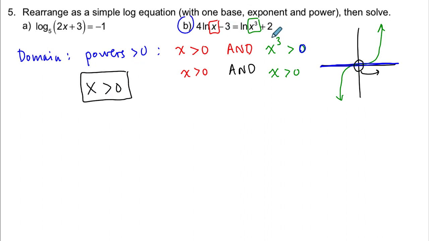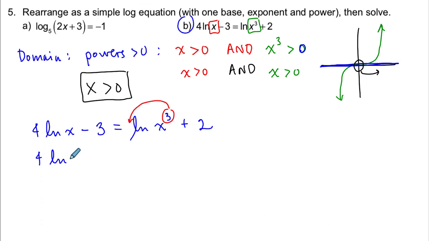And now we can do some algebra to rearrange and to simplify this equation. So 4 ln of x minus 3 equals ln of x cubed plus 2. Well, I'm going to take this exponent down in front as a coefficient and get 4 ln x. I'm going to add 3 to both sides of the equation so I can combine these like terms, and I notice that I'm going to get 3 ln of x plus 5.